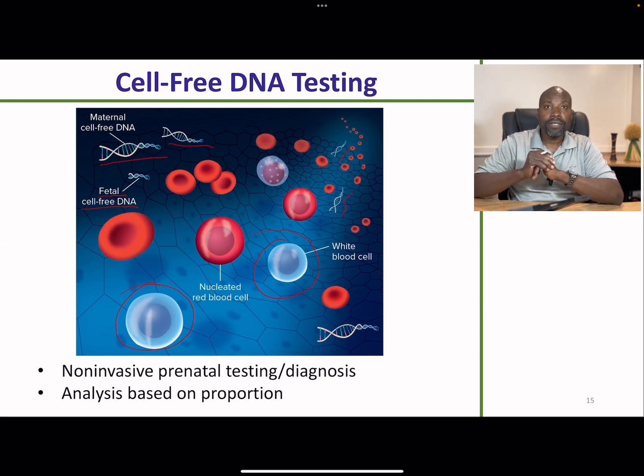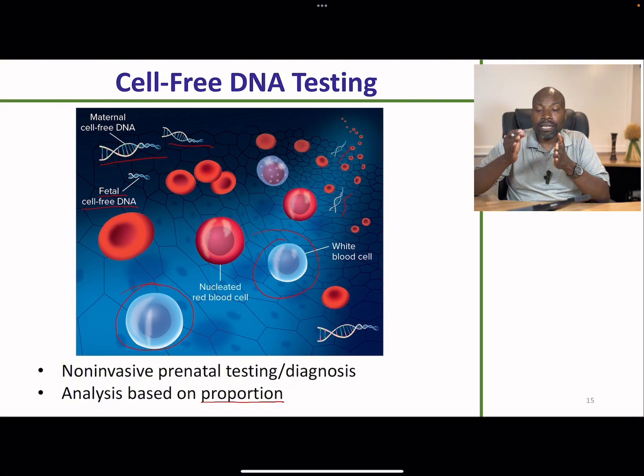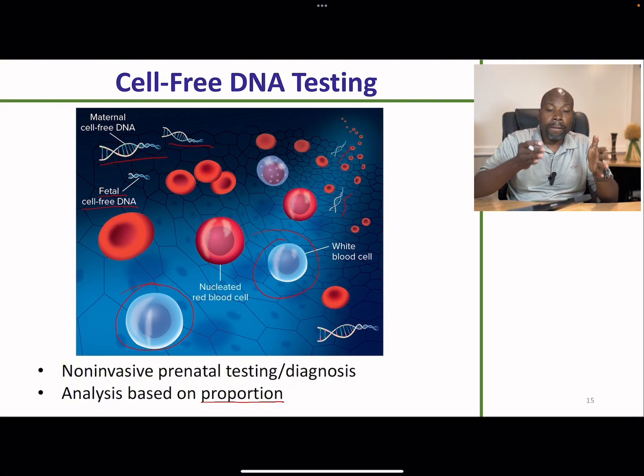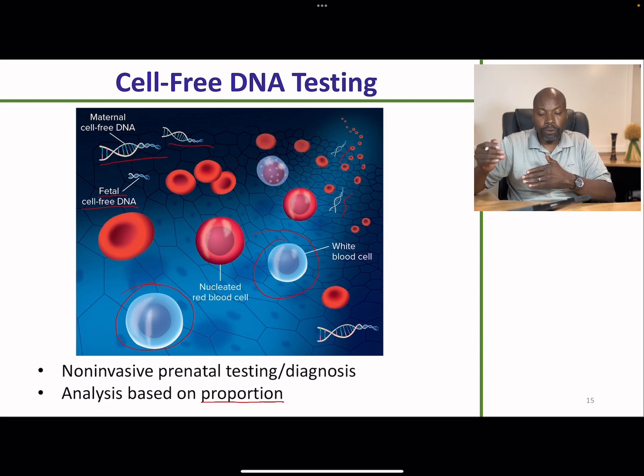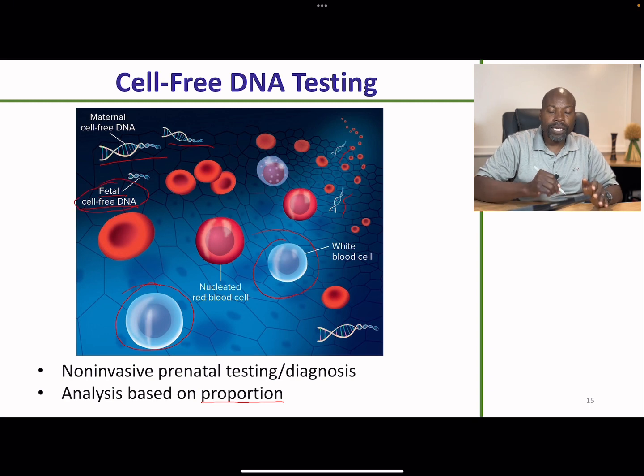So that's the difference. And now, we can tell if a baby or a fetus has extra chromosomes or is missing chromosomes. How can we tell? Because we are focusing on the proportion of the genetic information that is freely flowing in the blood. Okay? So the cell-free DNA, specifically the fetal cell-free DNA.